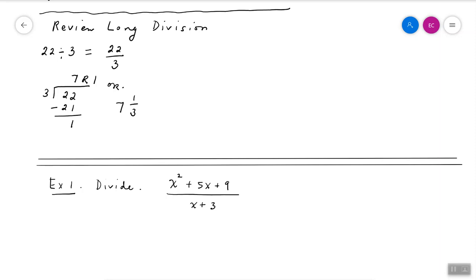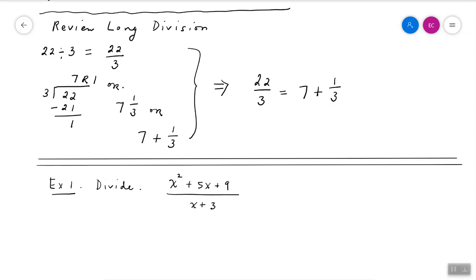And today, when we get to the polynomials in just a minute, what we'll want to do is write the answer like this, 7 plus 1/3. 7 plus 1/3 is the same as 7 and 1/3. And so what we've just said is that 22 over 3 is equal to 7 plus 1/3.